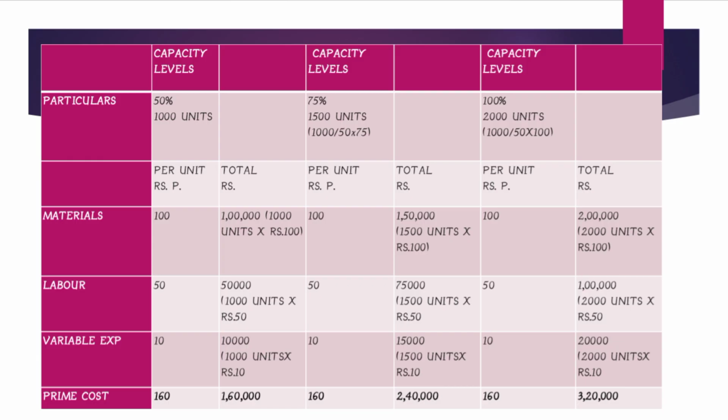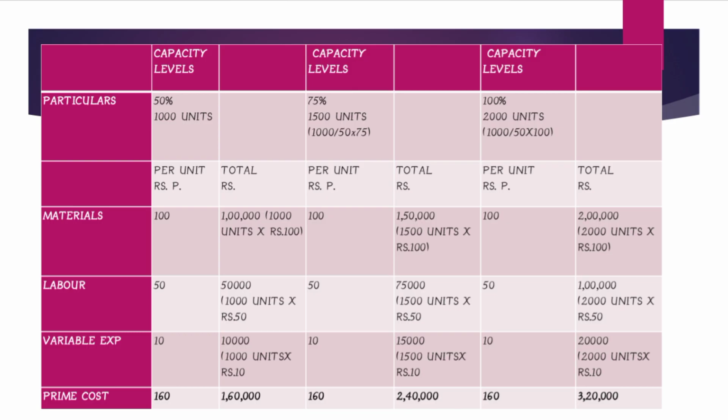Then next, labor. In the sum, labor is given as 50 rupees per unit. For all the capacity levels it will be 50. So with the units we can multiply it directly. 1000 units into 50, it will be 50,000, and 1500 units into 50, it will be 75,000, and 2000 units into 50, it will be 1 lakh.